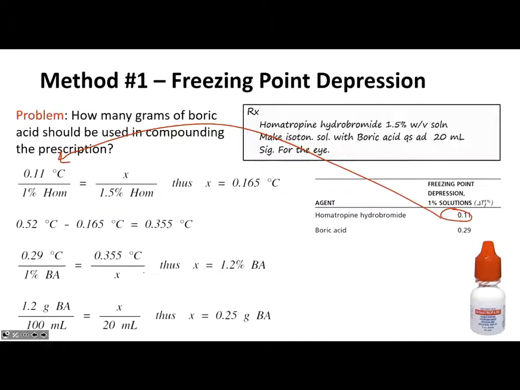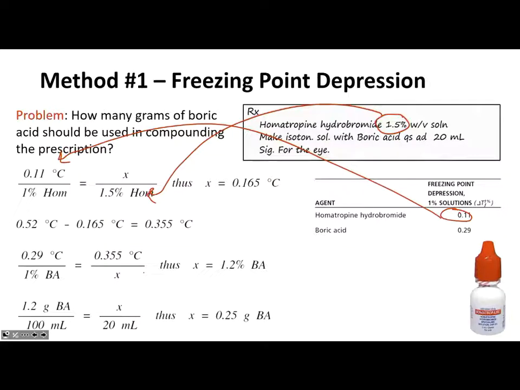Let's set that equal to some unknown reduction in freezing point, divided by how much we're going to have in there. Remember, the whole point is to make a solution that has a therapeutic concentration of 1.5% homatropine. So when I have that therapeutic concentration, how much will it reduce my freezing point? Solve for X, and you would have a reduction of 0.165 degrees.